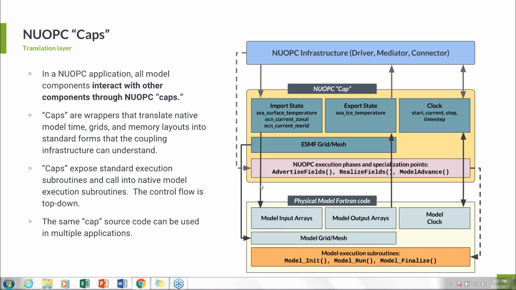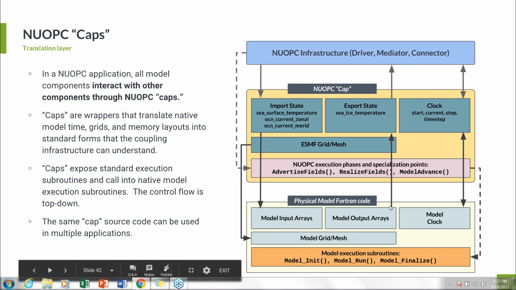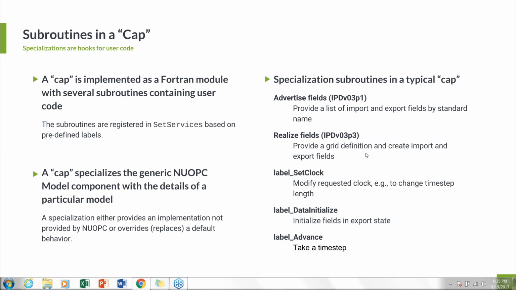This is the reason I said that ESMF and NUOPC are not invasive. Notice that you really don't need to make a lot of changes. Sometimes we have to change a few things, but you don't really need to make a lot of changes to your physical model code in order to put this cap on top. That cap is implemented typically as a Fortran module. It may be in one file, it may be in a couple of files.